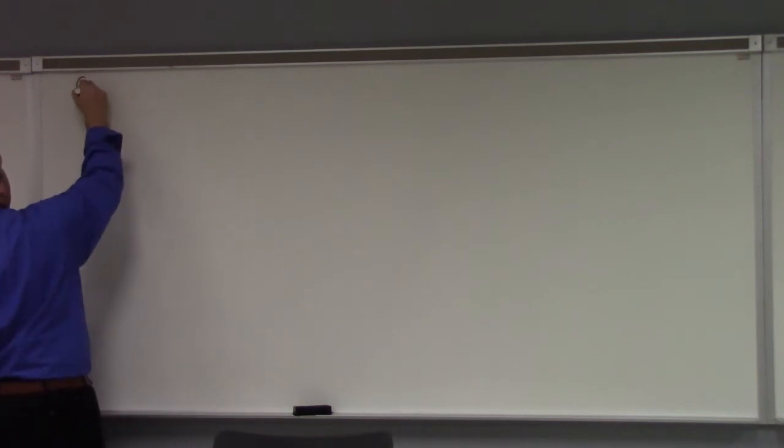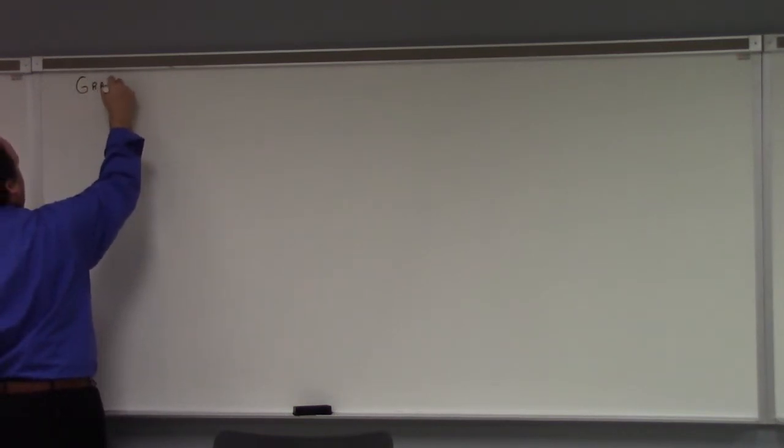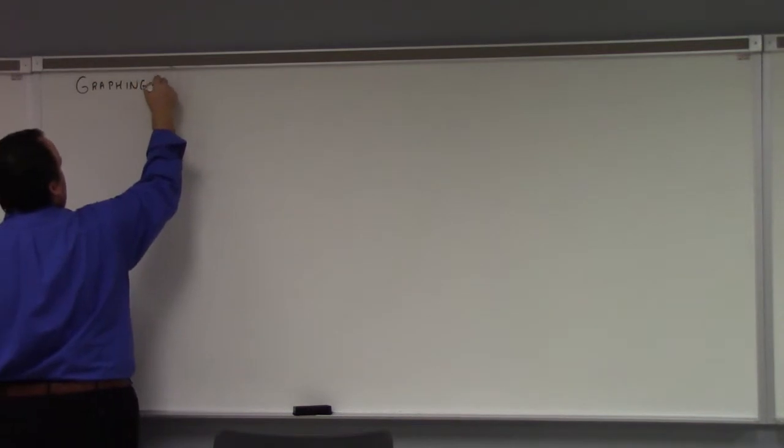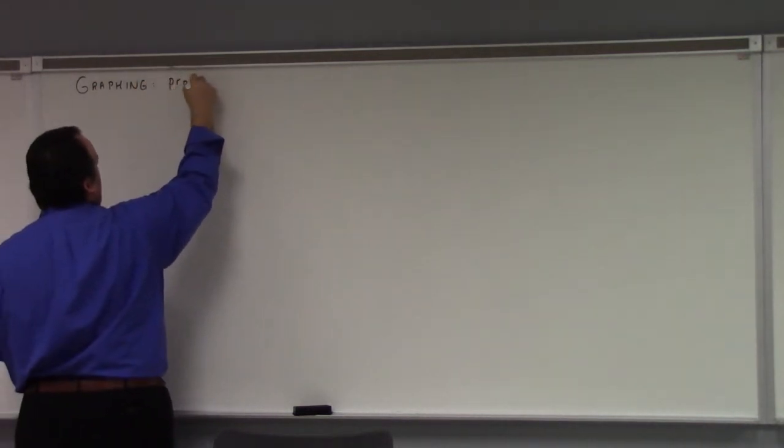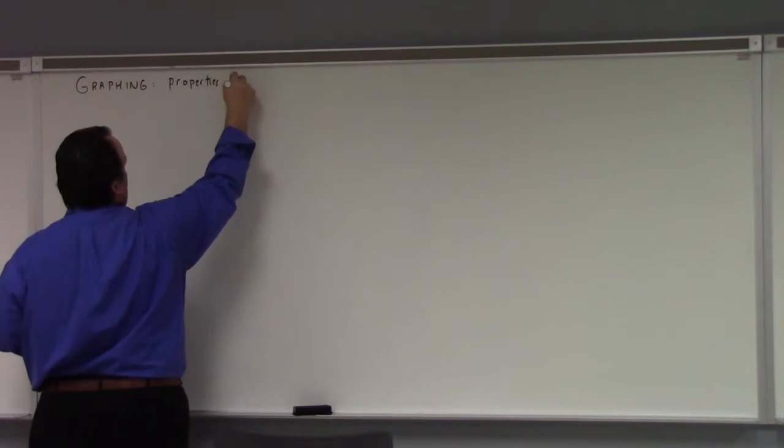I'm going to start with an example that's in the same style as last time. I won't quite follow the exact same format, but pretty close. What we haven't talked enough about with graphing is properties of graphs.